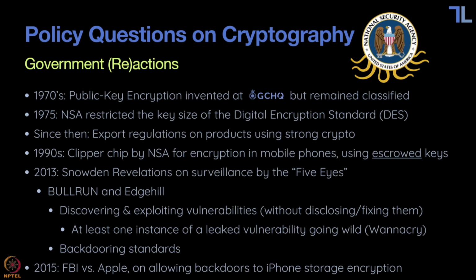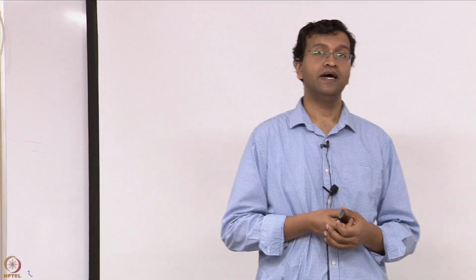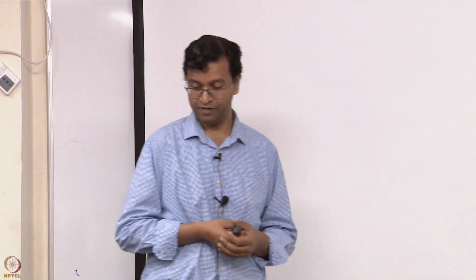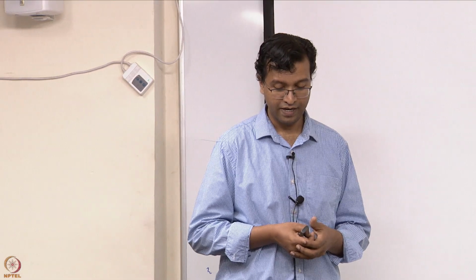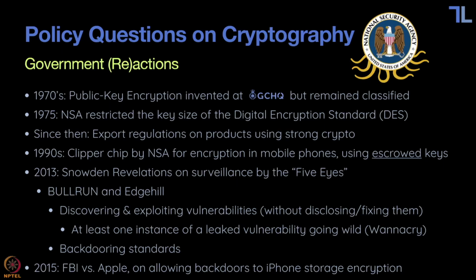The last instance I have on the slide is the tension that came up between the FBI and Apple. iPhones were confiscated from criminals, and the FBI wanted to unlock their encrypted storage. They wanted to read it, and asked Apple to do it for them. Apple didn't help.